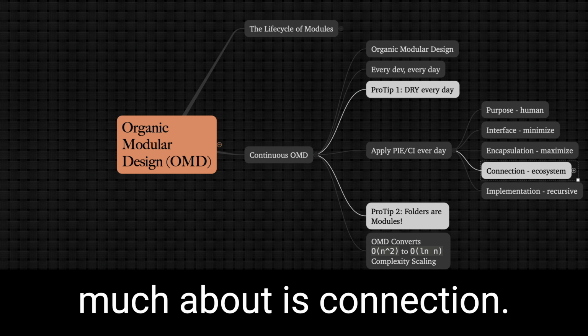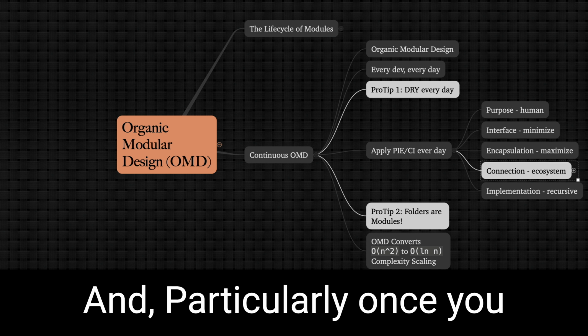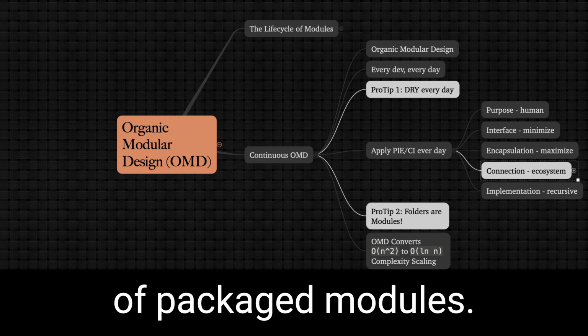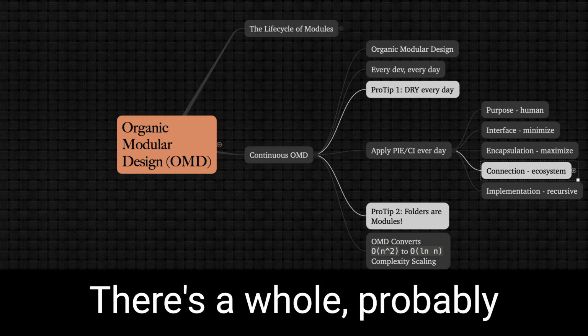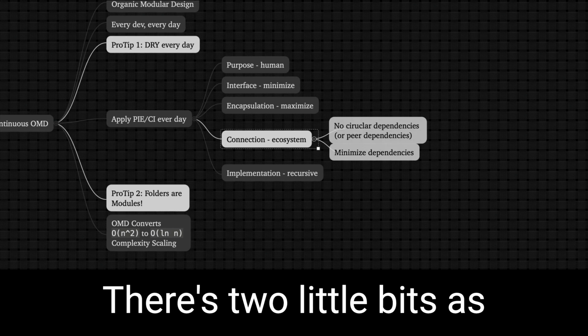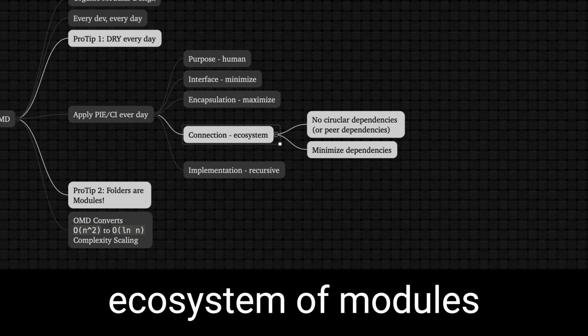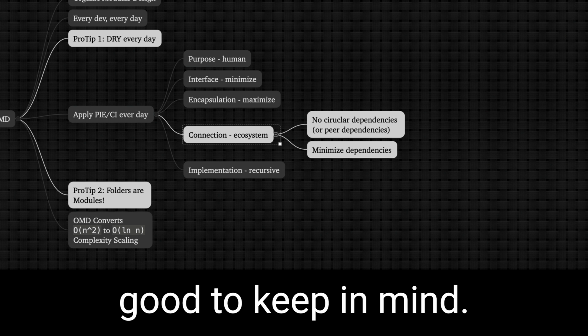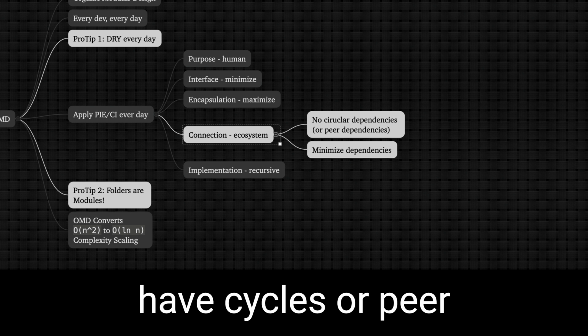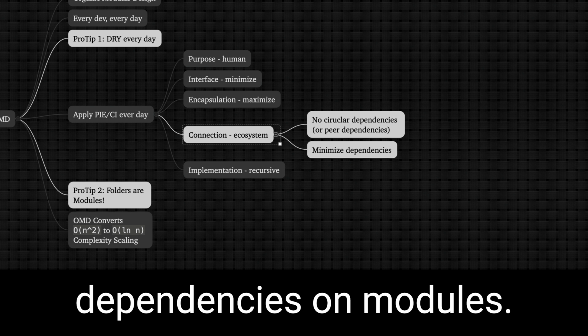What we have not talked much about is connection. And particularly once you have an ecosystem of modules, particularly mature modules, like an ecosystem of packaged modules, there's a whole, probably another video to talk about that scenario. But I will say just this one little bit. There's two little bits as you're starting to have an ecosystem of modules that are really good to keep in mind. One is don't ever have cycles or peer dependencies on modules.